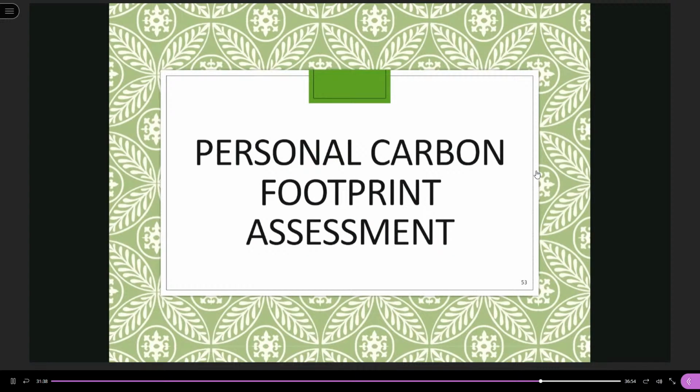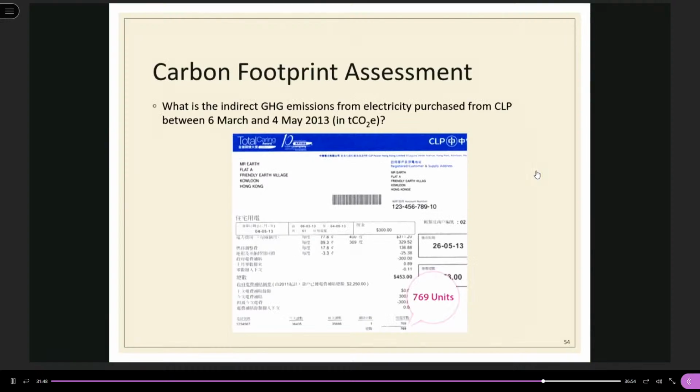Okay, personal carbon footprint assessment. Today or tonight, when you go back home, you can ask your parents for the energy bill. If you live in the New Territories or in Kowloon, your electricity bill will be something like this.